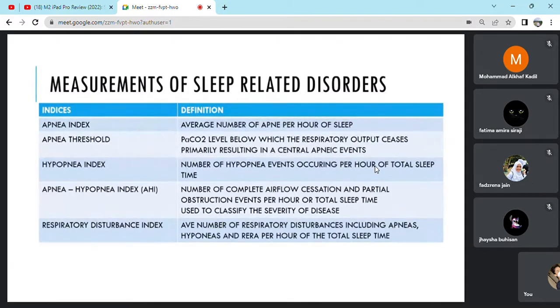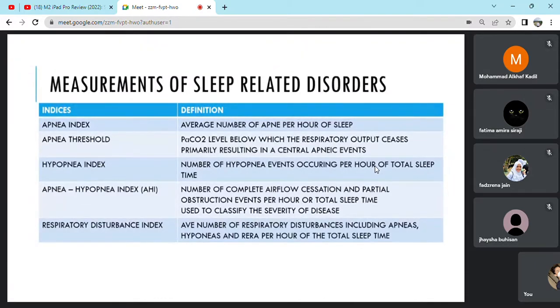So again, as I've said, your AHI or your apnea hypopnea index now is the one that they use for you to classify the disorder, whether it is severe, moderate, mild, or a very severe problem. So they base that on the apnea hypopnea index, based on the one that is recorded.